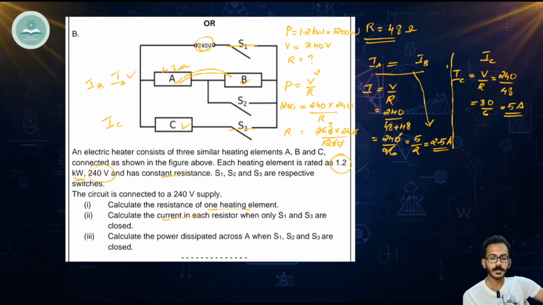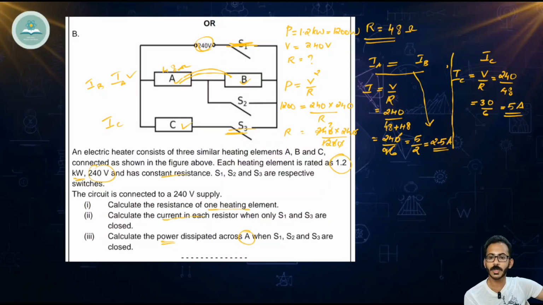We'll go to the next part of the question. Calculate the power dissipated across A when S1, S2, S3 all are closed. So they are closing S1, S2 and S3. S3 is already closed.